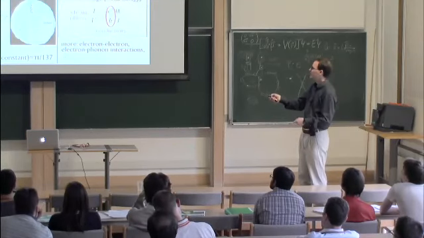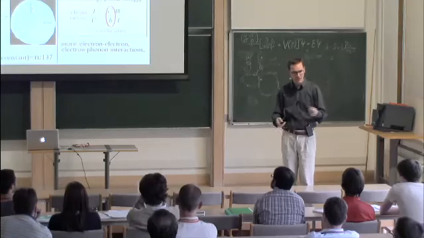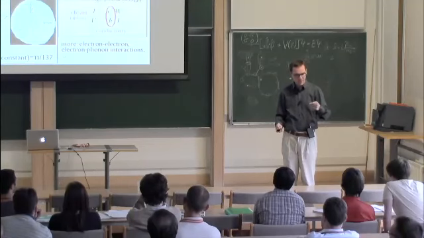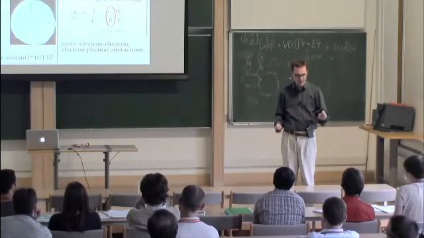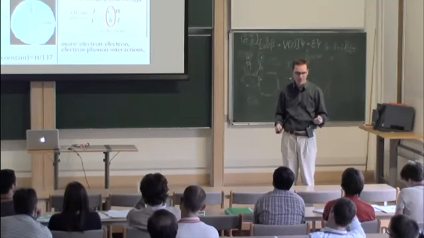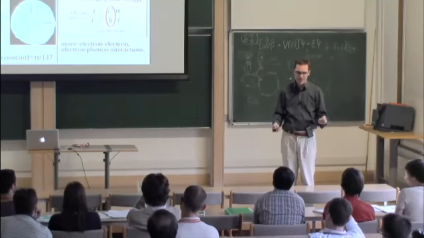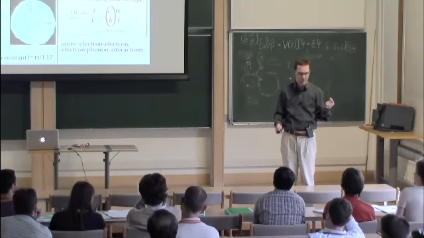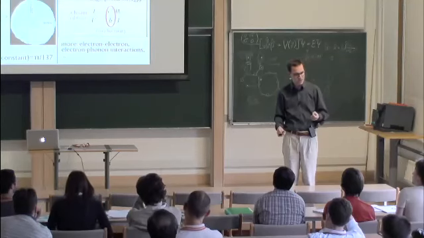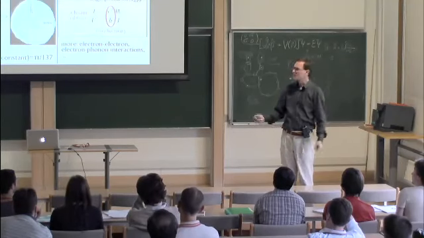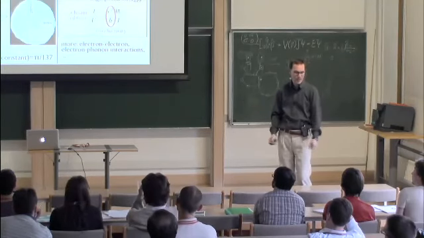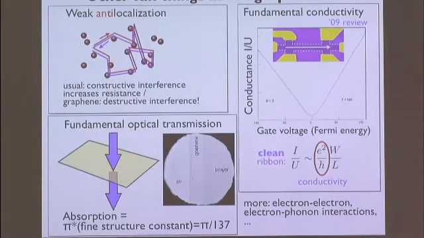But on the other trajectory, you will get, so to speak, minus pi half, and then there will still be a phase difference between the two of pi. And so instead of constructive interference, you get destructive interference. And if there's destructive interference, they are less likely to come back to the same point, and so electrical resistance is actually lowered. So this is then just the opposite, and is called weak anti-localization.